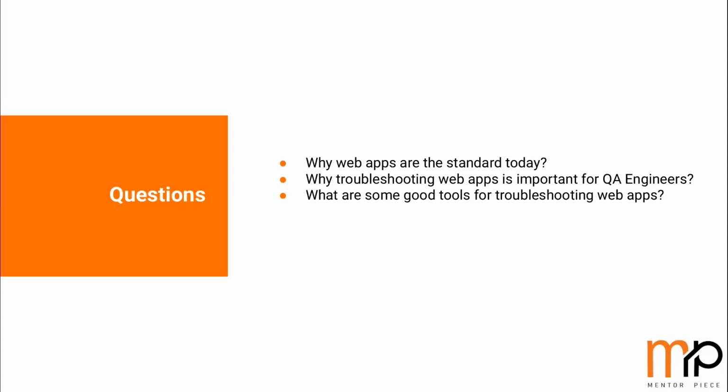And also, what are some good tools for troubleshooting web apps? So think about when you found some problem, or when you had some difficulty trying to access some web application, what tools you used to try to solve the problem? That's an interesting question also.